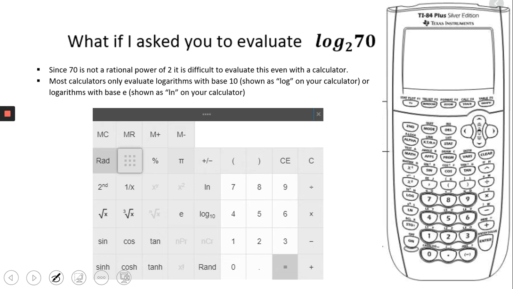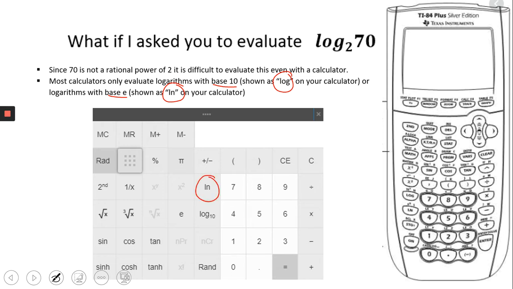Most calculators only evaluate logs with base 10, and we've seen that's really just shown as log a lot of time on the calculator, or base e, which is your natural log, abbreviated as ln. This first calculator is what you see on Canvas.